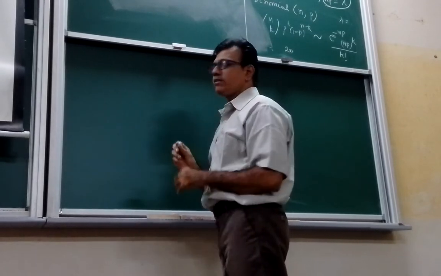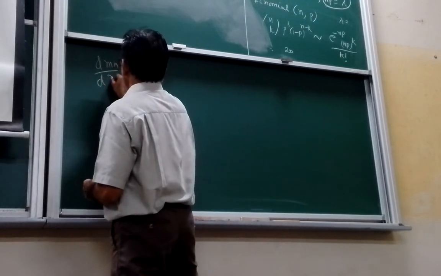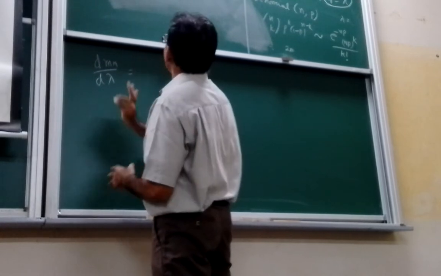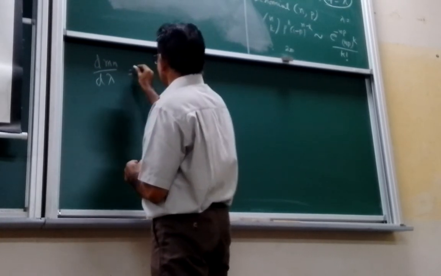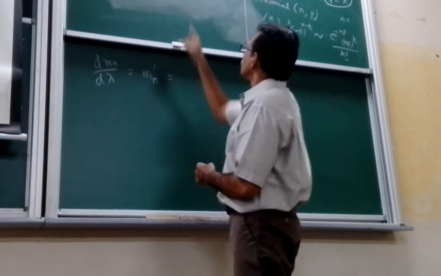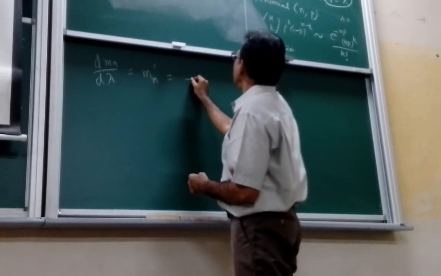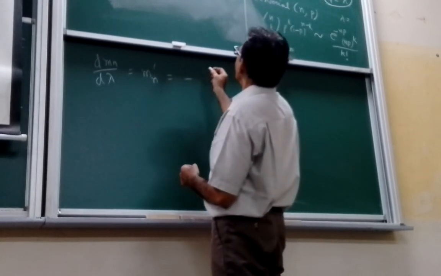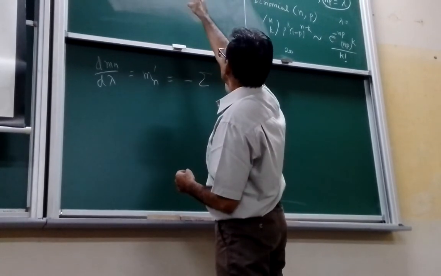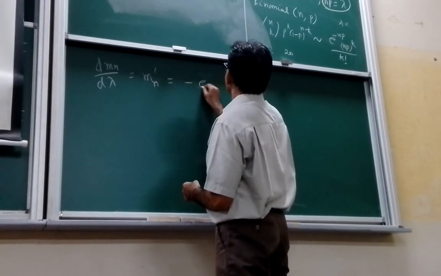Now to find this one, let's differentiate mn with respect to lambda. If you do so, this is what we will call mn dash. On this side, you are differentiating, you will have minus e power of minus lambda, and here you can take e power of minus lambda.